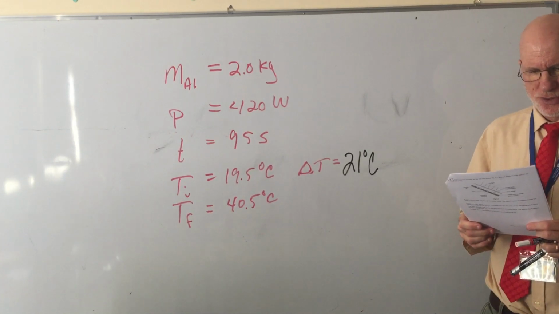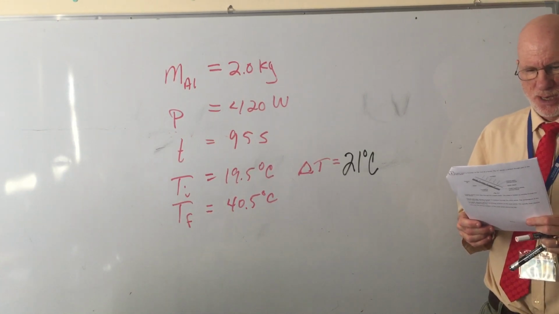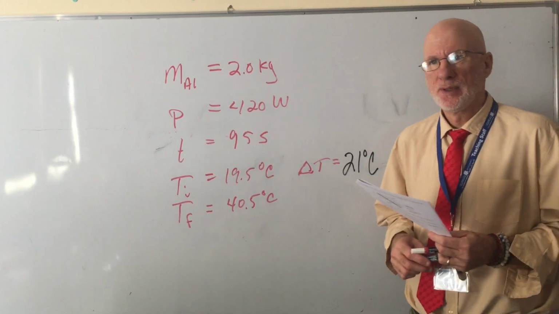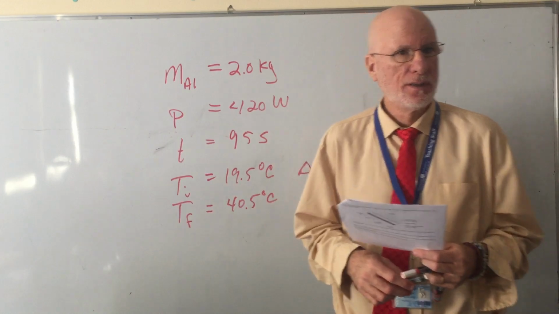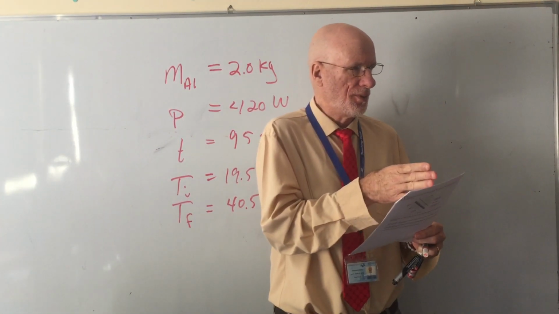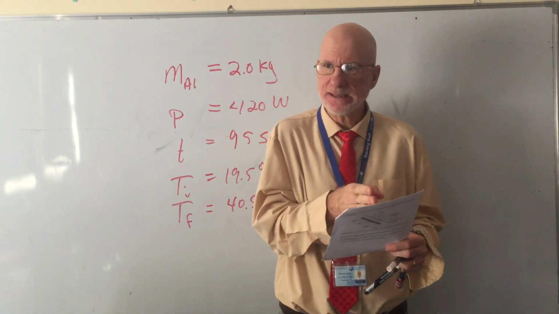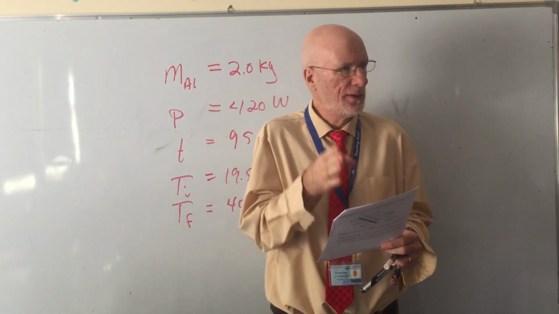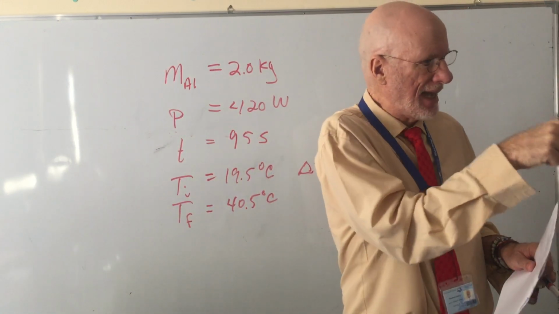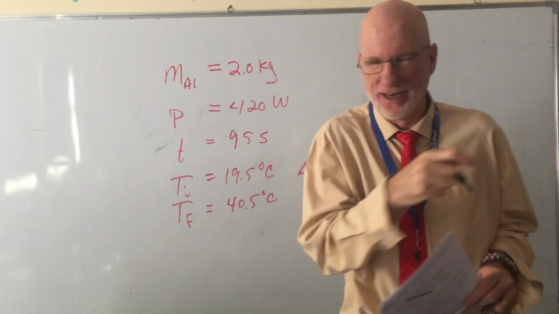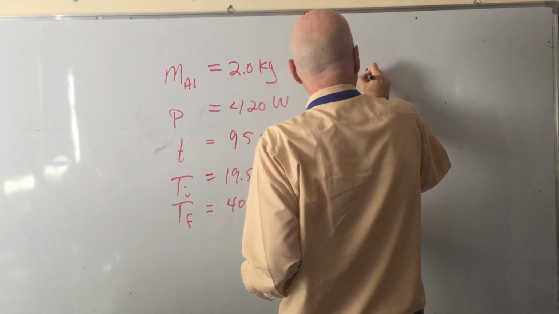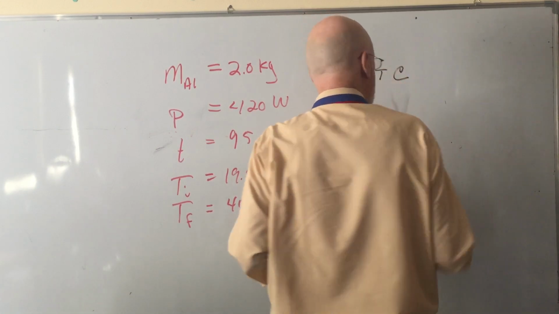Now, they want you to calculate a value of the specific heat capacity of aluminum. What's the equation that relates energy absorbed or released, mass, change in temperature, and specific heat capacity? Excellent, that's absolutely correct. So E equals m delta T c.